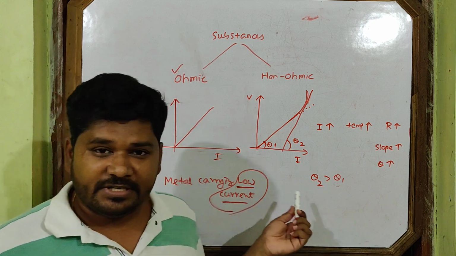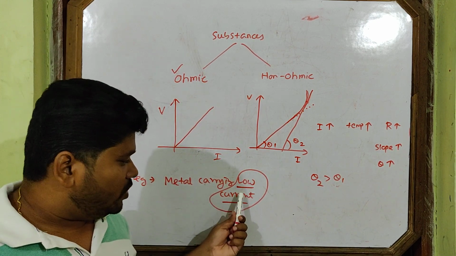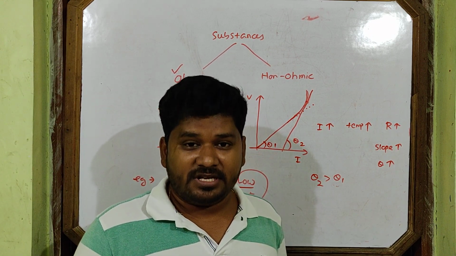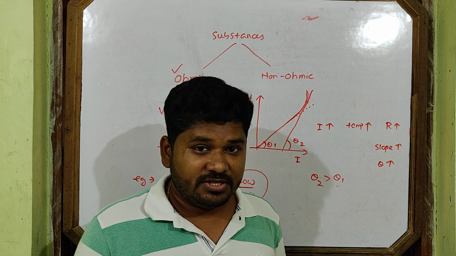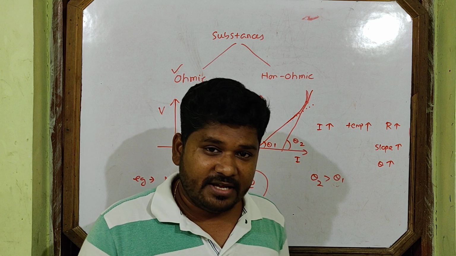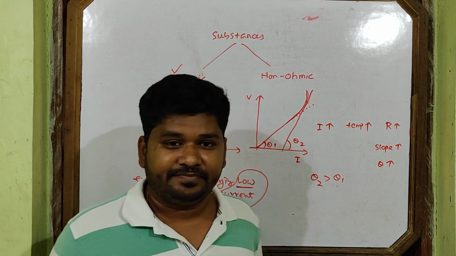What questions do you expect here? So what is the example of an ohmic substance? Metal carrying low current. Metal carrying high current is not an ohmic substance, because the current is high, the metal gets heated, the temperature is high, the resistance is no more constant, so Ohm's law is violated.